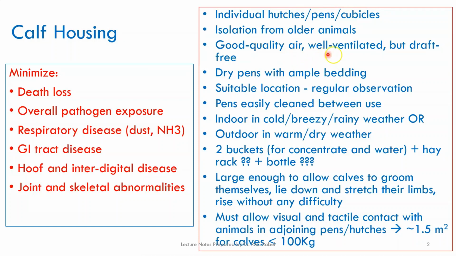So they have to be ventilated, but then at the same time, especially if it's in a colder climate, it should be draft free, right? So this will depend on the climate. Are you doing this in Hambantota and Mullaitivu, or are you building this in Nuwara Eliya?